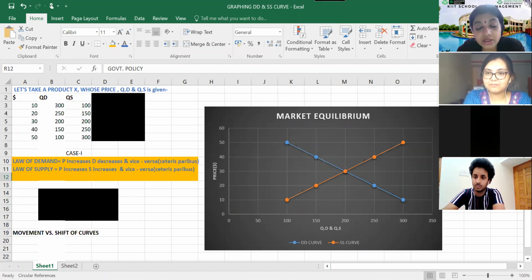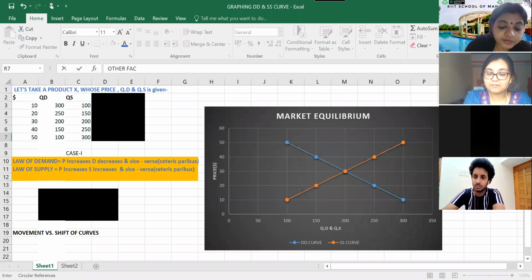But don't misunderstand that private players are completely independent in their actions. So in that sense, government also plays a crucial role in determining the level of purchase.